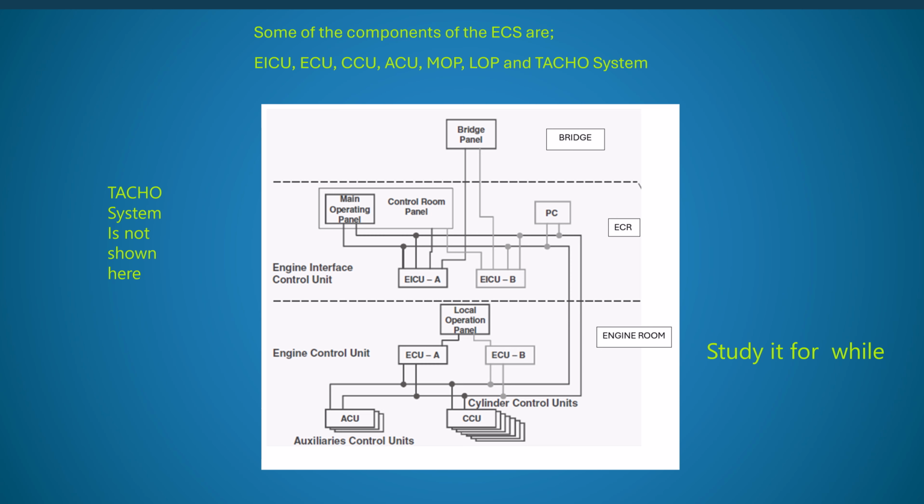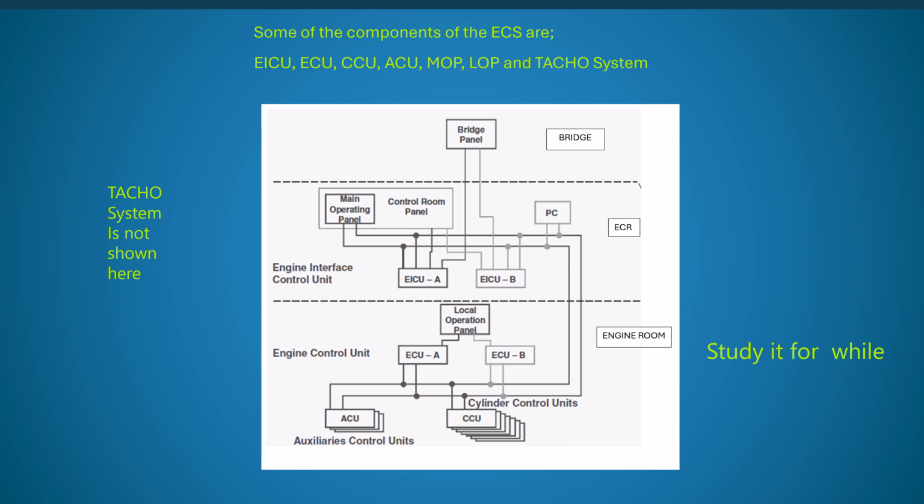And they in turn are connected to the CCU and ACU. ECU A and ECU B are connected to two networks, always hot standby. One is used, the other one is in hot standby. When it changes over, nobody knows, because certain data may be transferred by ECU A or ECU B, always working in conjunction.